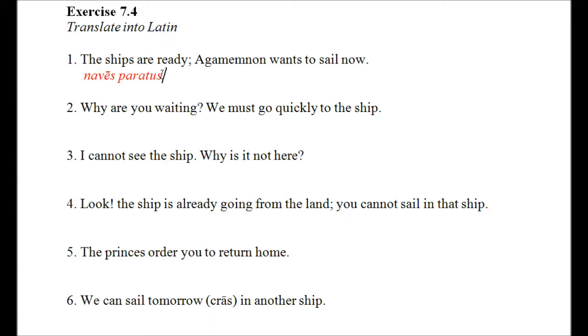So not paratus, but parata if it were singular, parate since it's plural. So if you had parati or something close, good for you. Naves parate. And then the word for is singular is est. We don't want that, of course. We want parate sunt. Naves parate sunt. Questions? Okay, let's keep going.